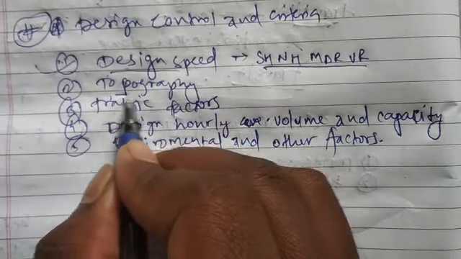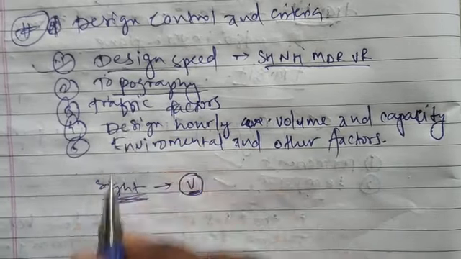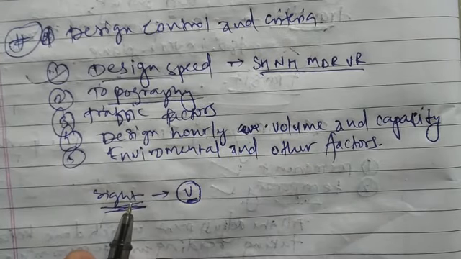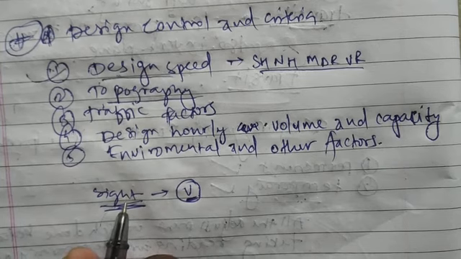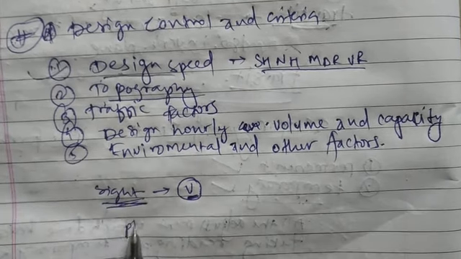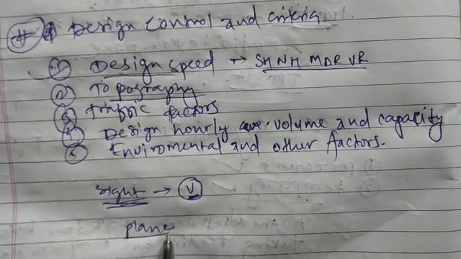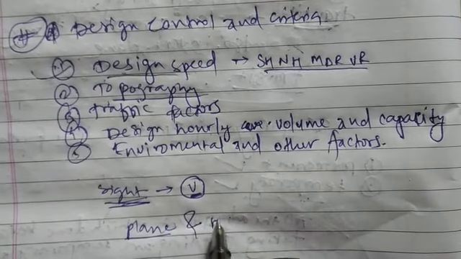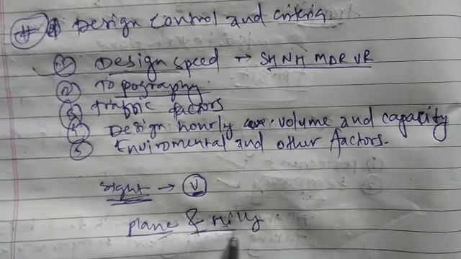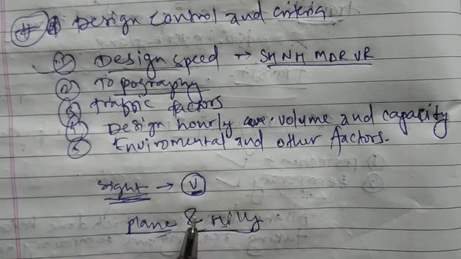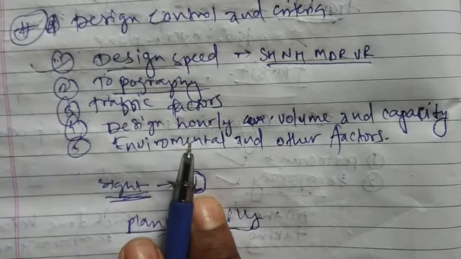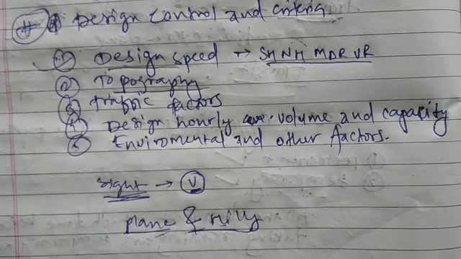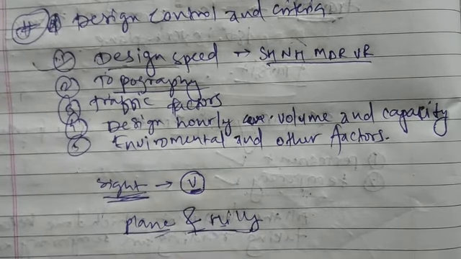The topography of an area also controls the geometric design of highway, as we are having different standards for roads in plain terrain and hilly area. So the ups and downs of the ground also control the design parameters of road.